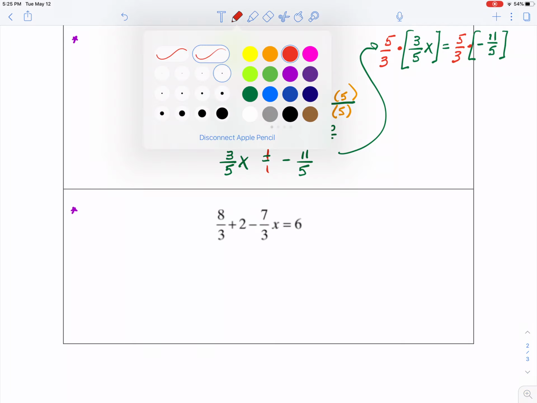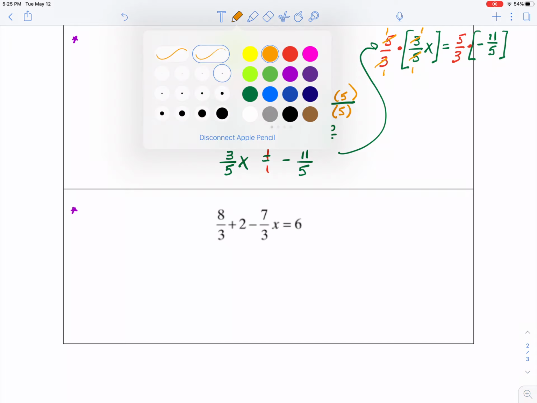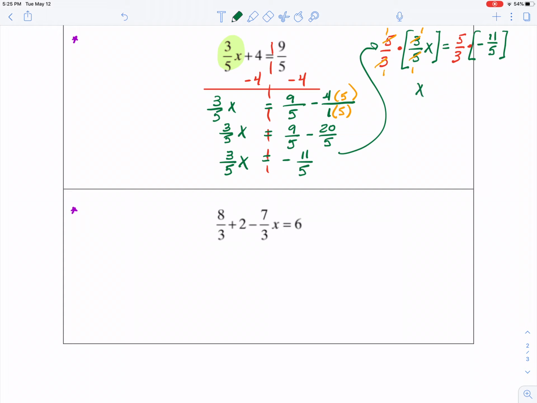Why did we do that? We did that so that these would all cancel out and bring us to that positive 1x that we were looking for. And then on the left-hand side, let me write this again so I can show you my work.